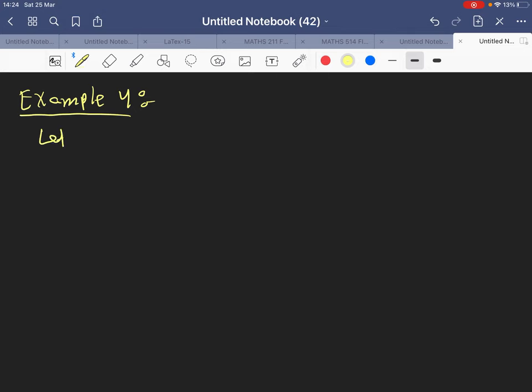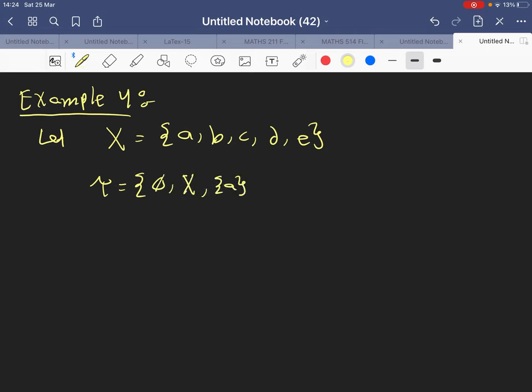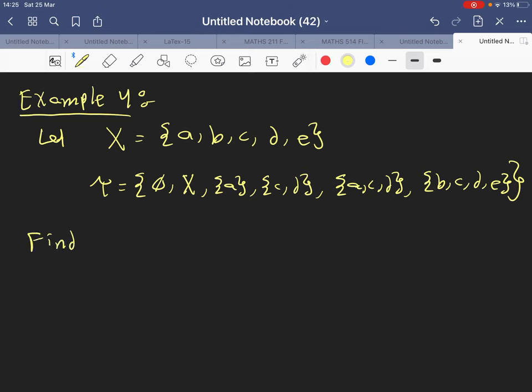The usual example: let X be a finite topology consisting of a, b, c, d, e, and the open sets are the empty set, X itself, a, c, d, and finally b, c, d, e. Those are the open sets, and the question is we want to find the interior of A if my set A is just a, b, c.